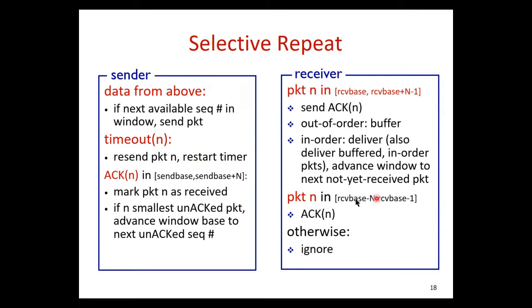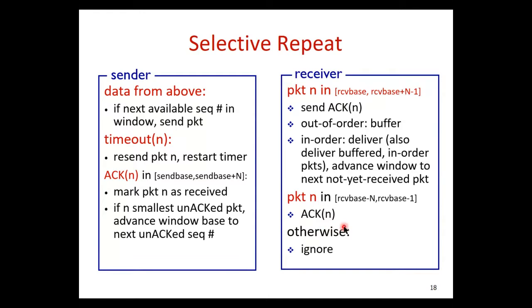Now you may have the situation where the receiver receives packet n, but packet n is outside of the receiving window. This corresponds to the case where, remember, the ACK of 5 and ACK of 6 were lost. So the sender timed out and resent packet 5 and packet 6. And packet 5 and packet 6 are now outside of the receiving window.